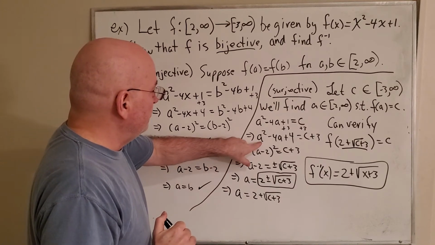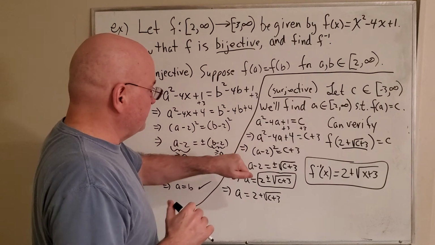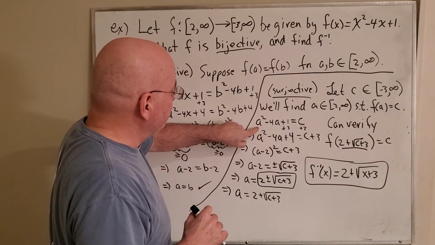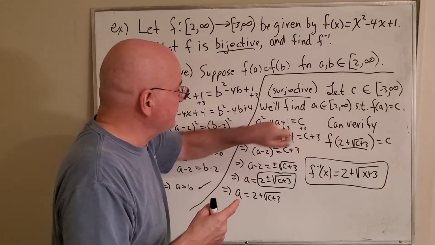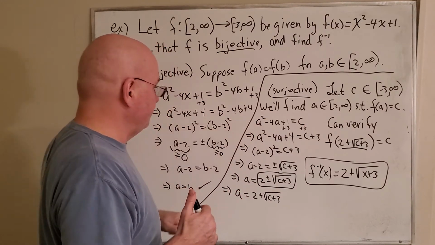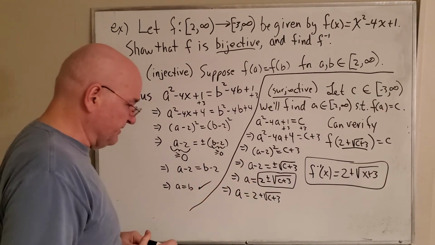Essentially, we didn't do the interchange, but we set A squared minus 4A plus 1, f of A, equal to C, and then we solved for A. So that's the inverse function.